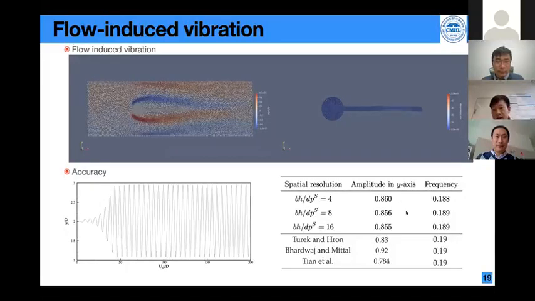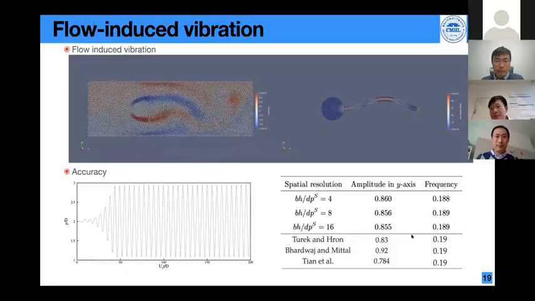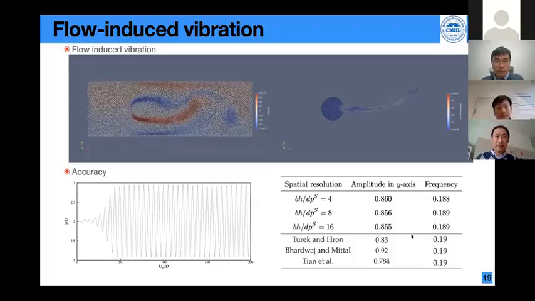Also, we compare our results with the data in the literature, and all three of these data sets use the IBM method. So we can see here, the present SPH-based FSI solver can accurately predict the deformation of the structure.